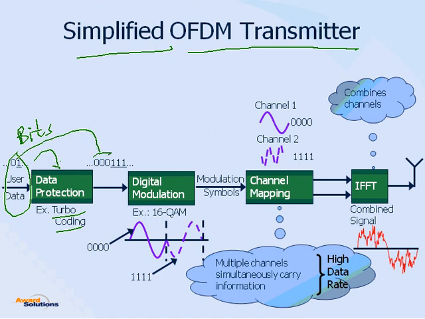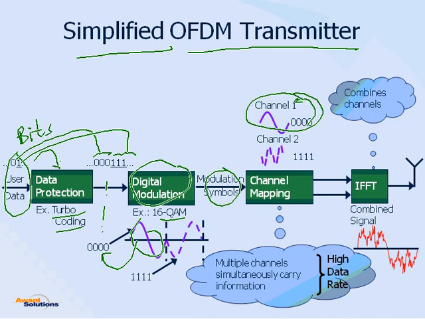So this 0, now we have 3 zeros, 1 becomes 3 ones, so we have some redundancy. Do the modulation. Here just one example, 16 QAM. One symbol represents 4 bits or 4 code symbols. And now we have a modulation symbol. We put one modulation symbol on one subcarrier, another modulation symbol on another subcarrier, and then we give those to the IFFT, inverse fast Fourier transform.